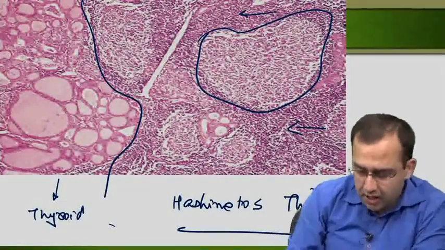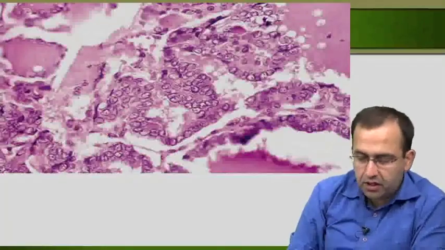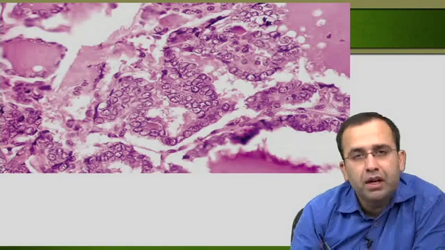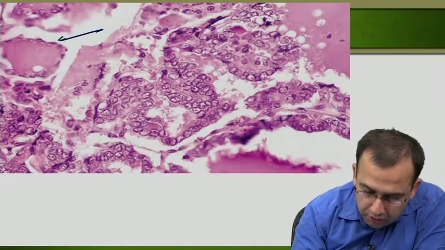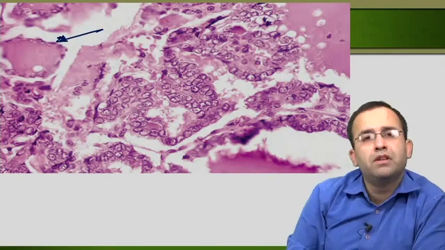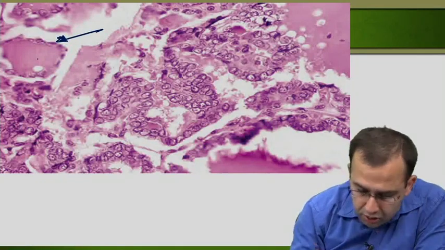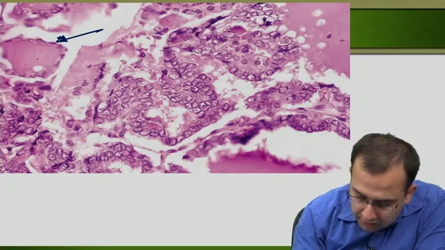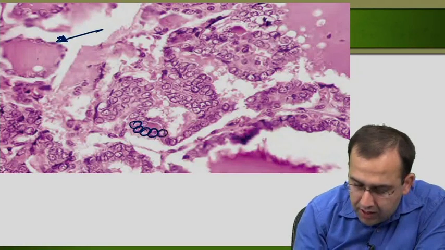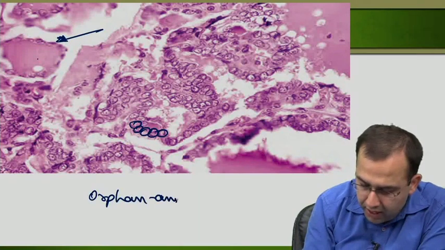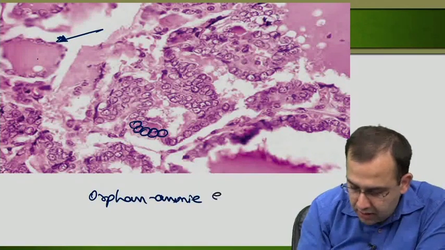So this is Hashimoto's. Next, now this is one of your favorite diagnoses. Firstly, parent organ, thyroid. How do I know this is thyroid? Because it shows the presence of thyroid follicle with colloid inside it. Thyroid showing the classical Orphan Annie nucleus. All these are the large nuclei.